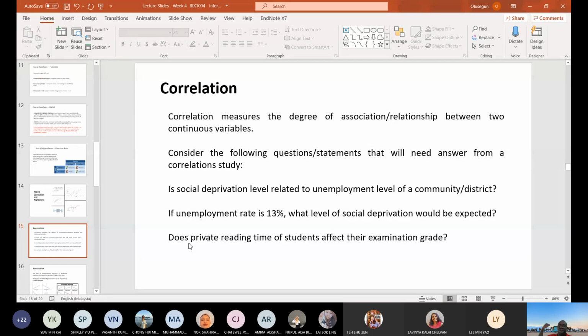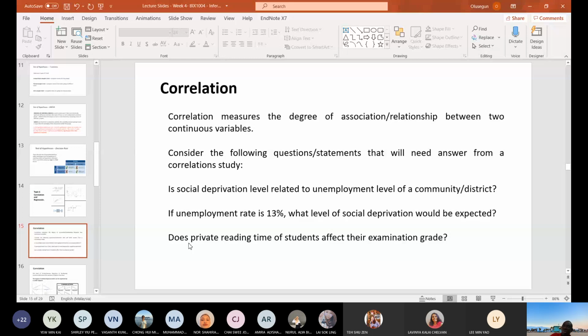You can measure weight continuously, and also we can measure height continuously. So they are the same type of data. So we can talk about the relationship between the weight and height of a person.